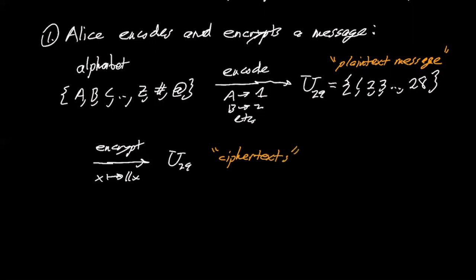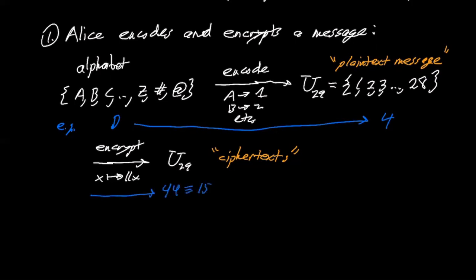So just as an example, if we took the letter D here, it would become 4. We multiply it by 11, that becomes 44, but 44 is 15 mod 29. So encrypting D would become 15.